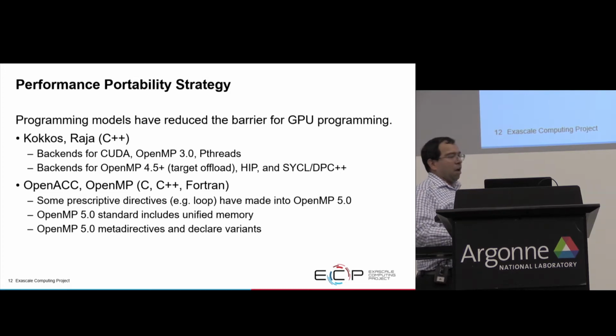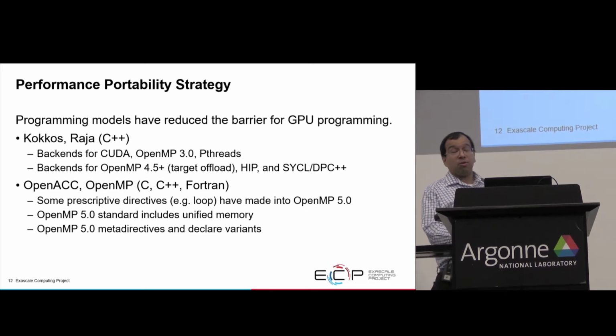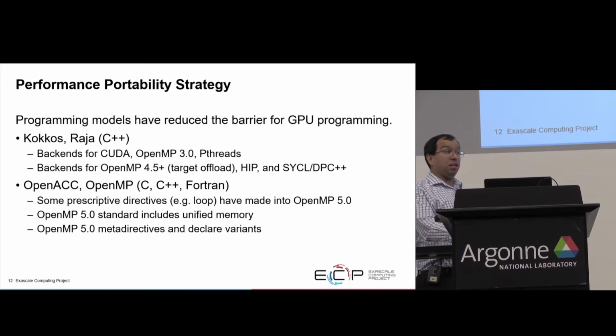And then for squeezing out extra performance, OpenMP 5 will have metadirectives, and we can declare variants. So if we have to create a loop that's very specialized for a particular architecture, we can obfuscate that a little bit in the code.